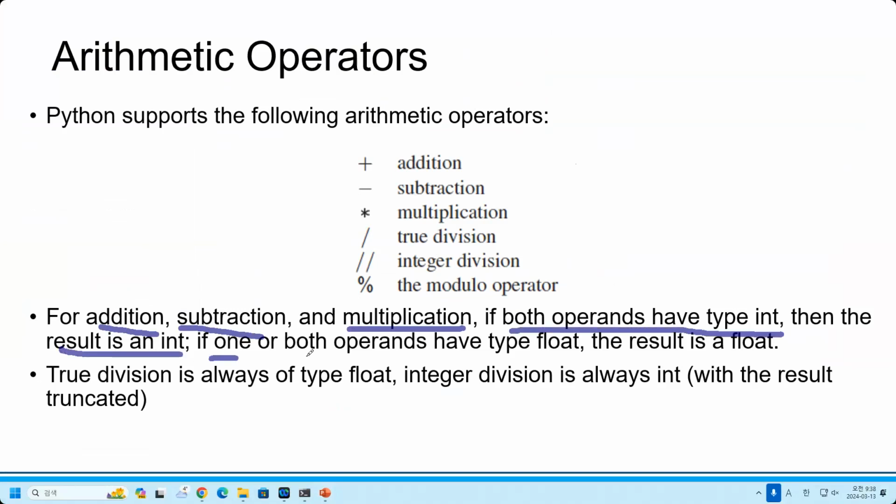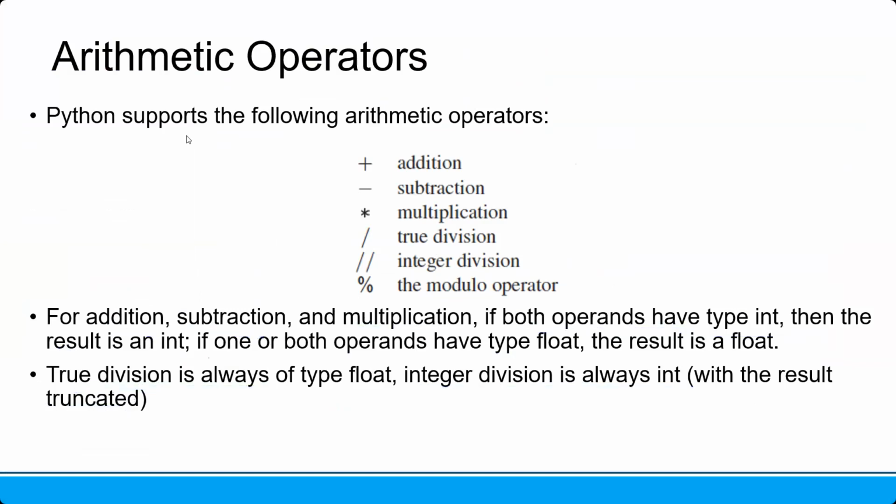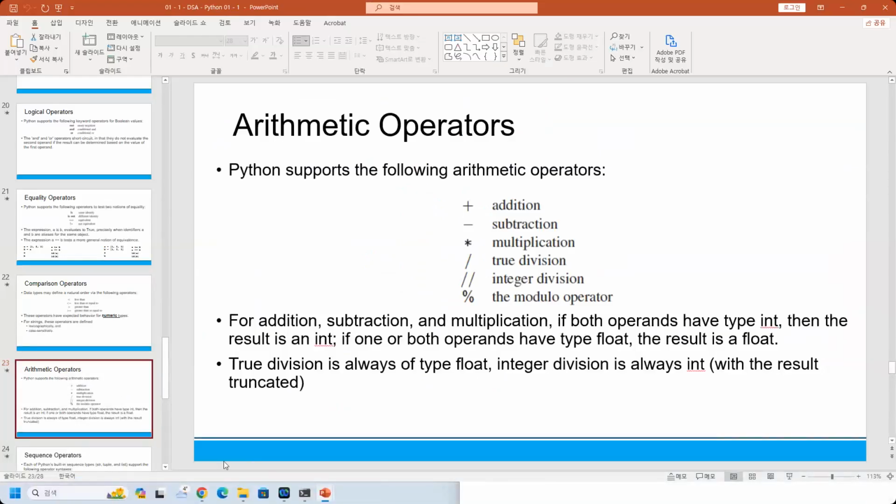If one or both operands have type float, then the result is float. True division is always type float. Integer division is always integer with the result truncated. Okay, what does it mean? So let's see one by one.